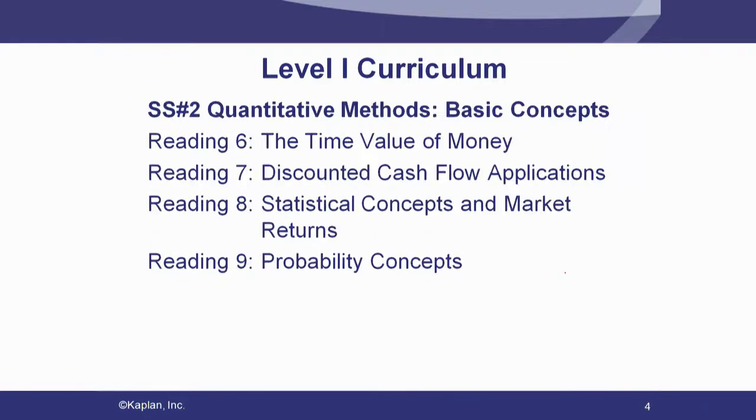So, getting down to the study session level, here are the readings that comprise study session 2, quantitative methods, basic concepts. So we've got the time value of money, discounted cash flow applications, statistical concepts and market returns, and probability concepts.